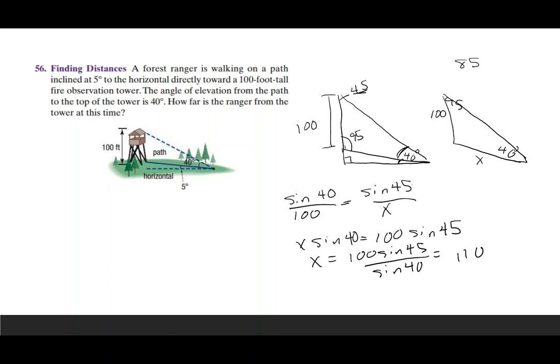And it gives me 0.006, so I'm just going to call it 110. I guess I could call it 0.01 since we have been doing 2 decimal places. So I will say it's 110.01 feet. So that's how far the forest ranger has to walk to get up to that tower.